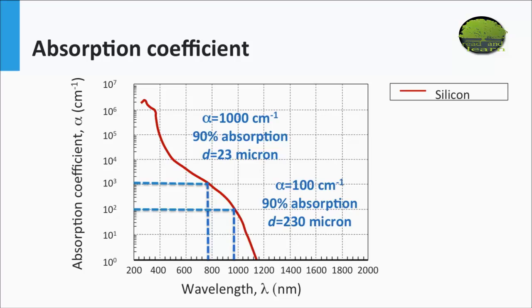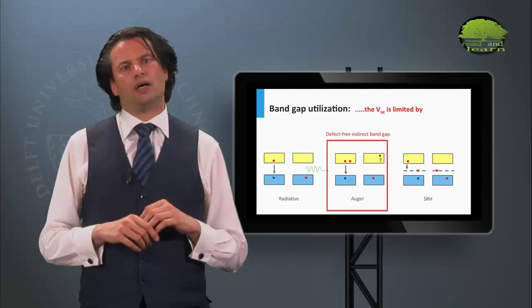Around a wavelength of 970 nanometers, crystalline silicon has an absorption coefficient of 100 per centimeter, and it requires an absorption path length of 230 microns to absorb 90% of all the light. This is a typical thickness of a silicon wafer. This demonstrates that light trapping techniques become important for crystalline silicon absorber layers above a wavelength of 900 nanometers.